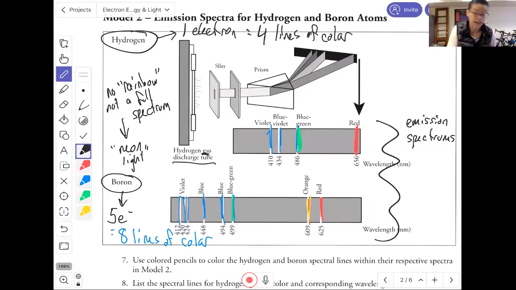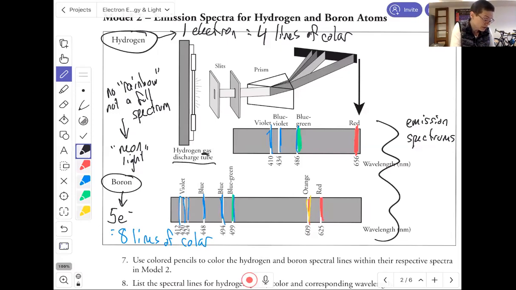So if they are completely unique to you, that means you could be identified by your fingerprint. An element's emission spectrum is completely unique to that element. You can identify what is in a sample of something by looking at its emission spectrum.